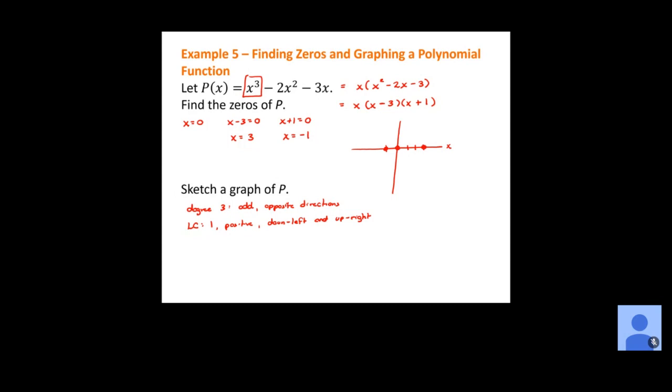And again, our end behavior is very similar to the last one because we have that positive leading coefficient and odd exponent. So it's going to look something like this. And now again, we just need to connect these and make sure we actually pass through the x-axis at our x-intercepts. It's going to go up like this, curve back down through 0, and then come back up like this.